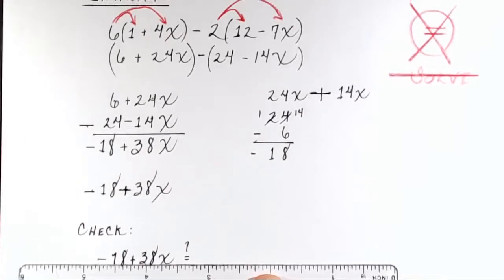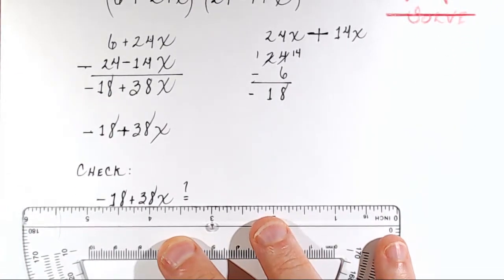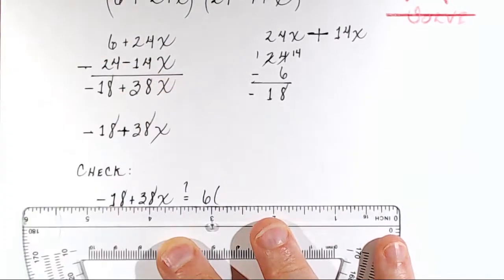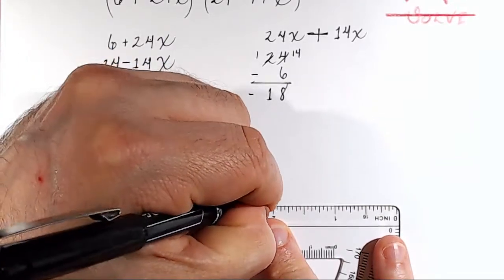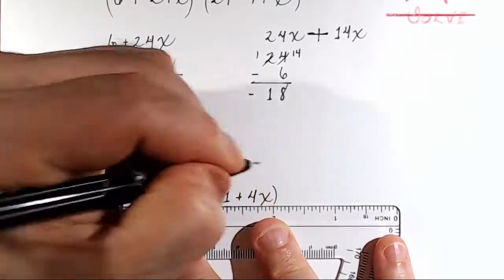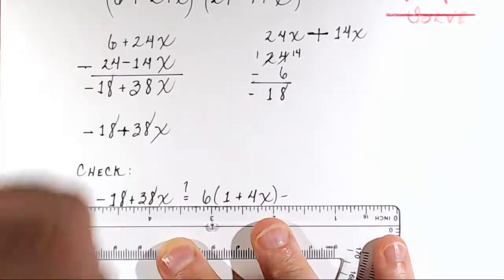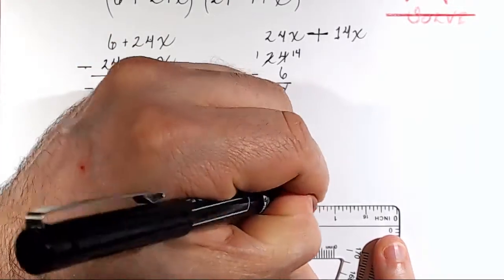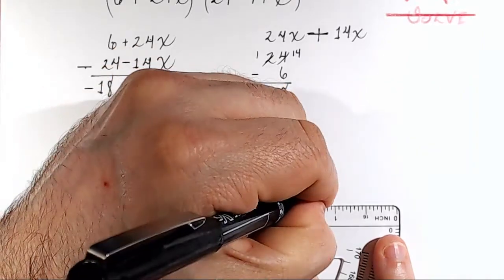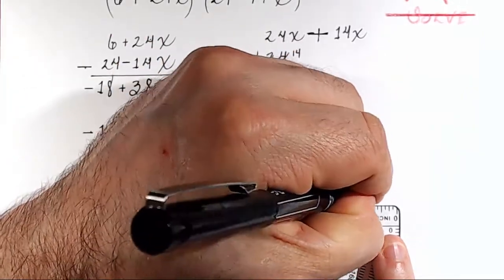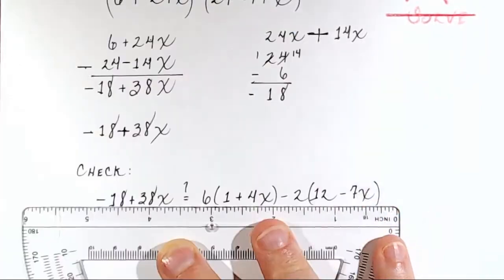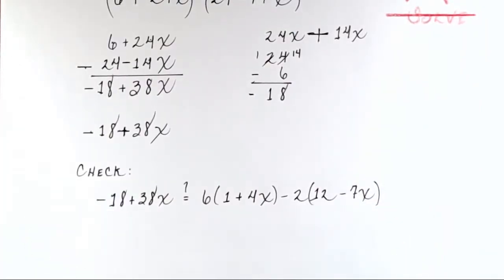And now we will write the entire problem that we had to start with: 6, open parentheses, 1 plus 4x, close parentheses, minus 2, open parentheses, 12 minus 7x, close parentheses. Okay? Again, it looks scary, but here's what we're going to do.